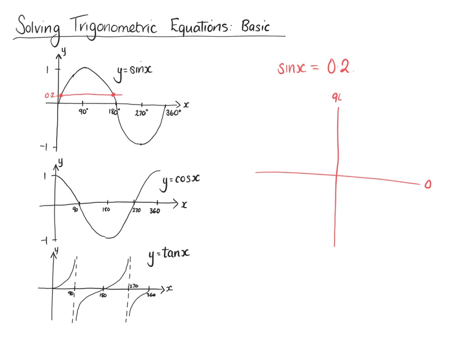So we get 0 degrees, 90 degrees, 180 degrees, and 270 degrees, and then we get back round to 360. Because it's repeated, it's the same for each quarter or quadrant, and if we go backwards for all of those as well, it's the same.